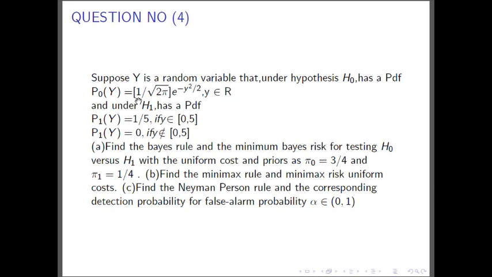Our aim is to find the Bayes rule, minimum Bayes risk, minimax rule, minimax risk, Neyman-Pearson rule and probability of false alarm for alpha belongs to [0, 1].